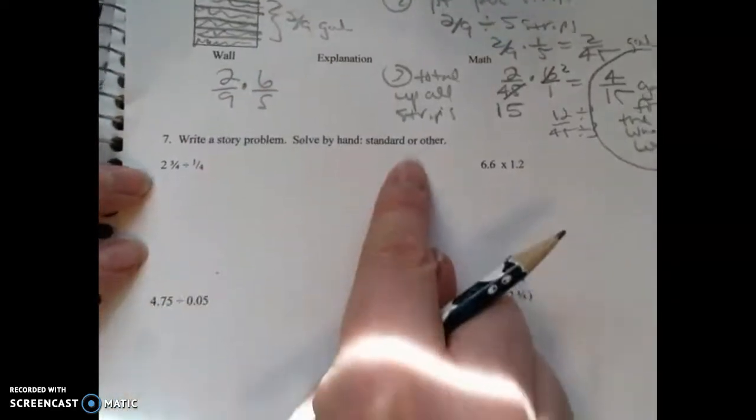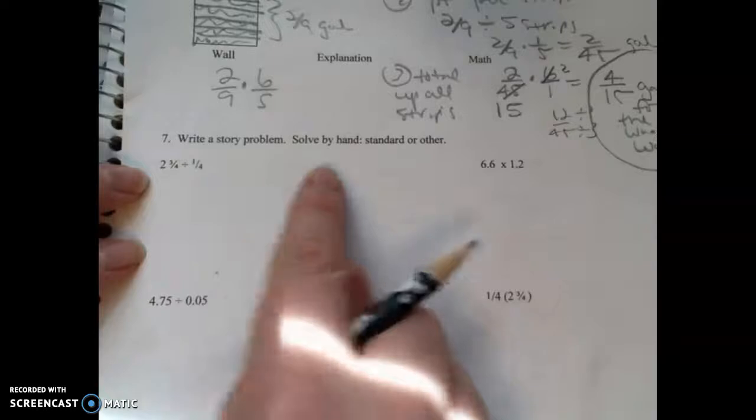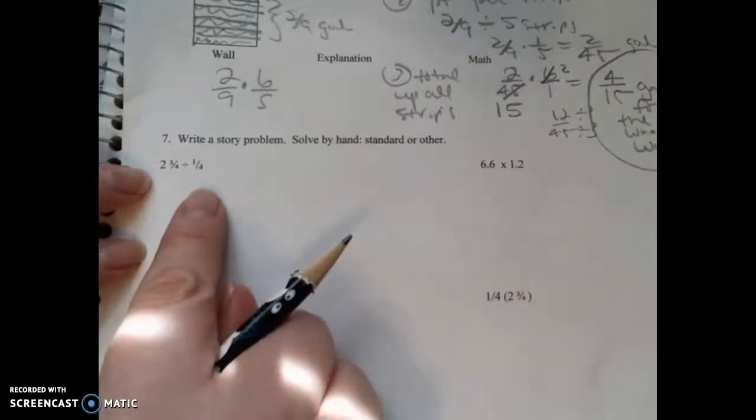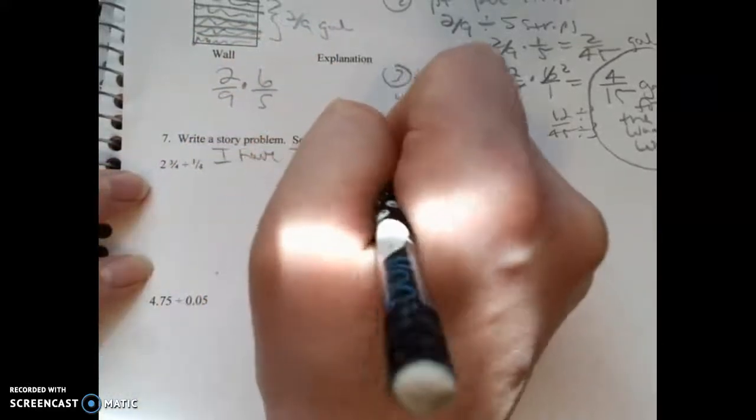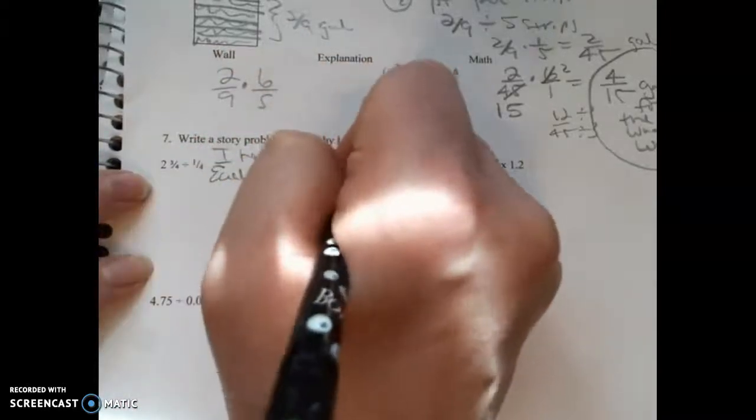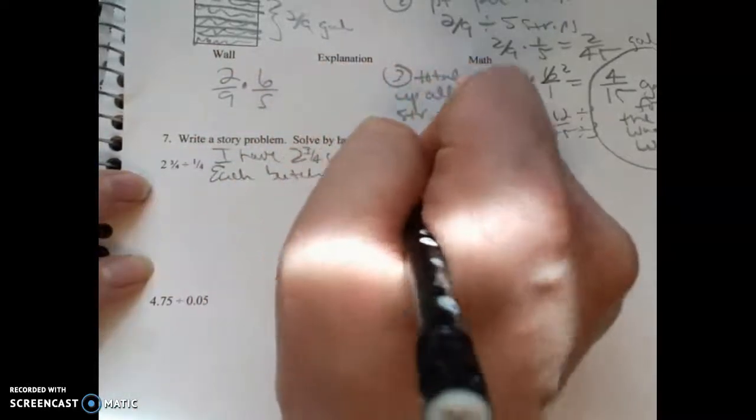All right, write a story problem, solve by hand, standard or other. Okay, so division is when you kind of want to divvy stuff up. So it's like I have 2 3/4 cups of sugar. Each batch or each recipe uses 1/4 cup of sugar.